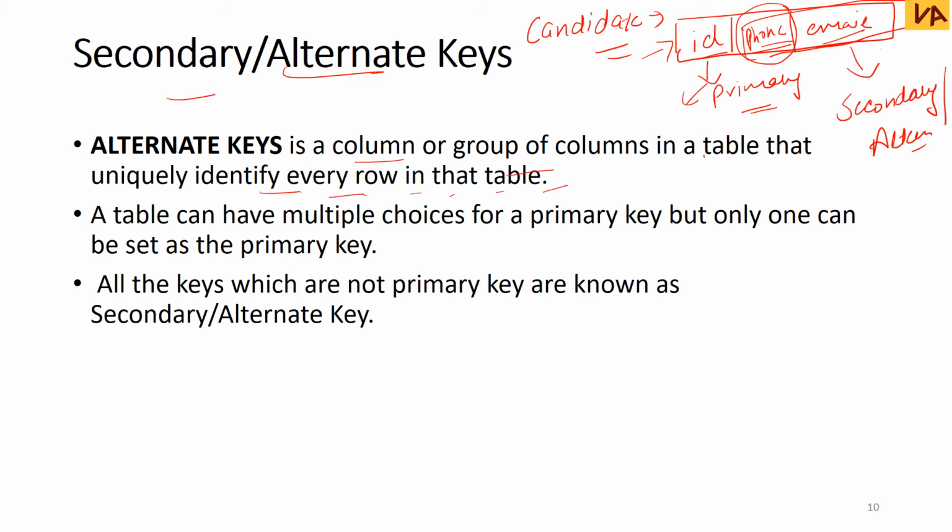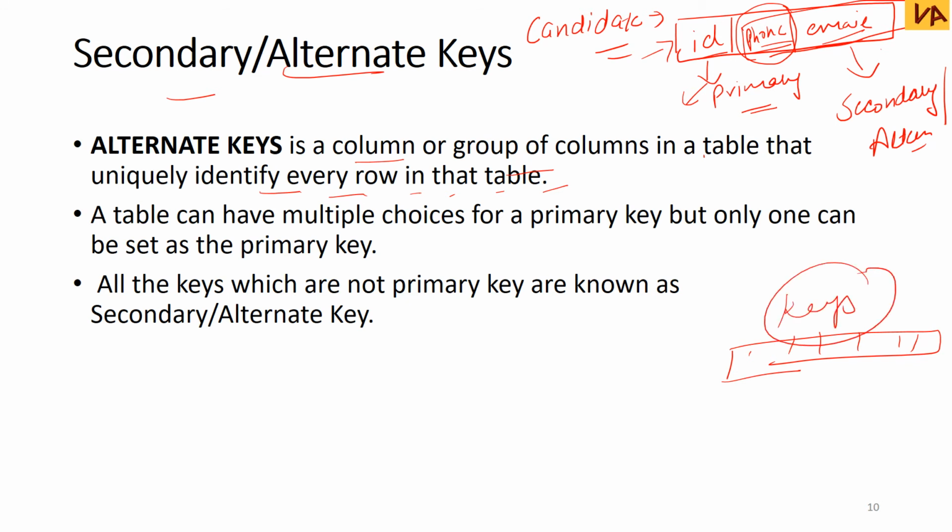The main purpose is to identify uniquely the row from the table. The main concept of keys revolves around uniquely identifying the rows in that table, right? Because we have no other algorithm or formula to identify a particular row of the table in a unique manner, so we are using keys, right?